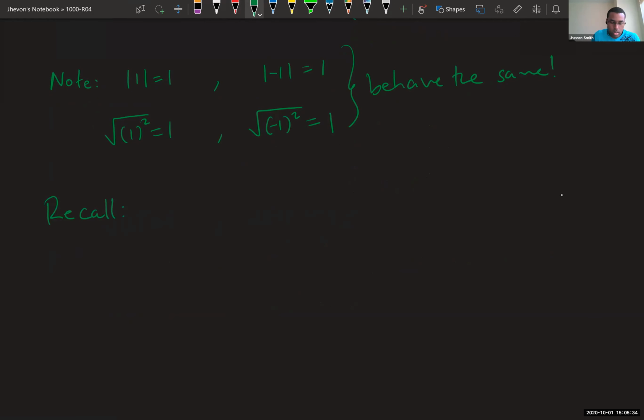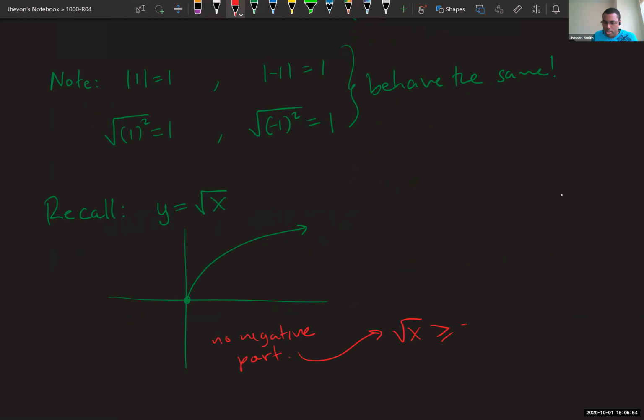Recall, when we look at y equals the square root of x, we're looking at this graph right here. It only has a positive part. There's no negative part. So the square root of x is always going to be a value greater than or equal to 0. So the square root of 144 isn't plus or minus 12.